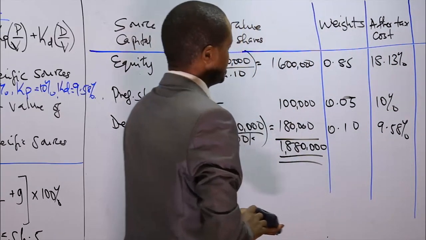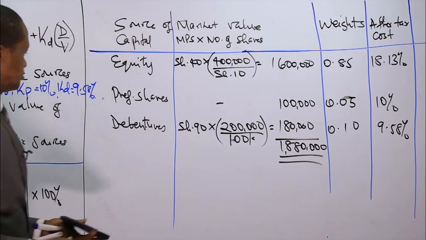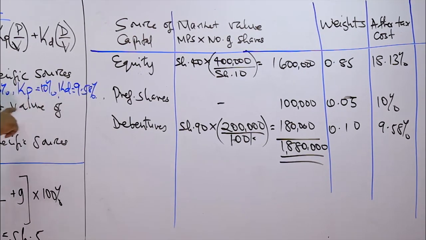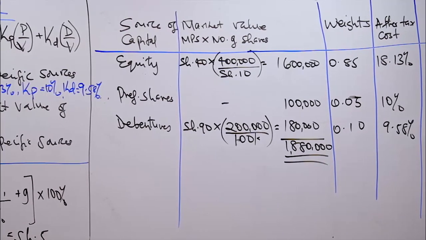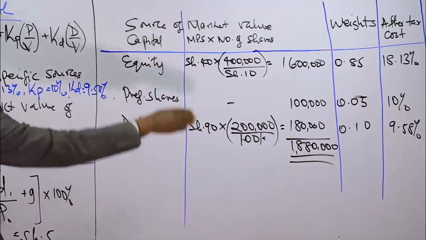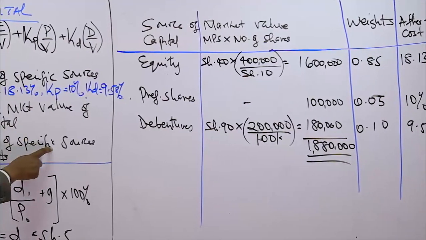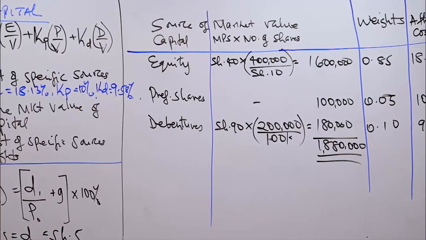So that is very important, because remember, we are determining the weighted average cost of capital in stages. The first stage is to calculate the cost of specific sources, which we did. Number 2, calculation of the market values, which you have determined. Then number 3, multiply the cost of specific source with the weights.